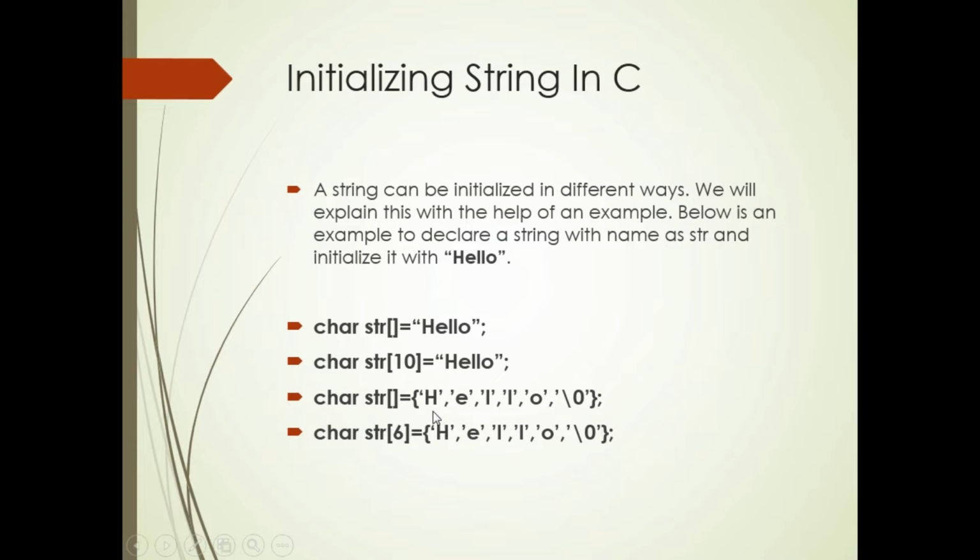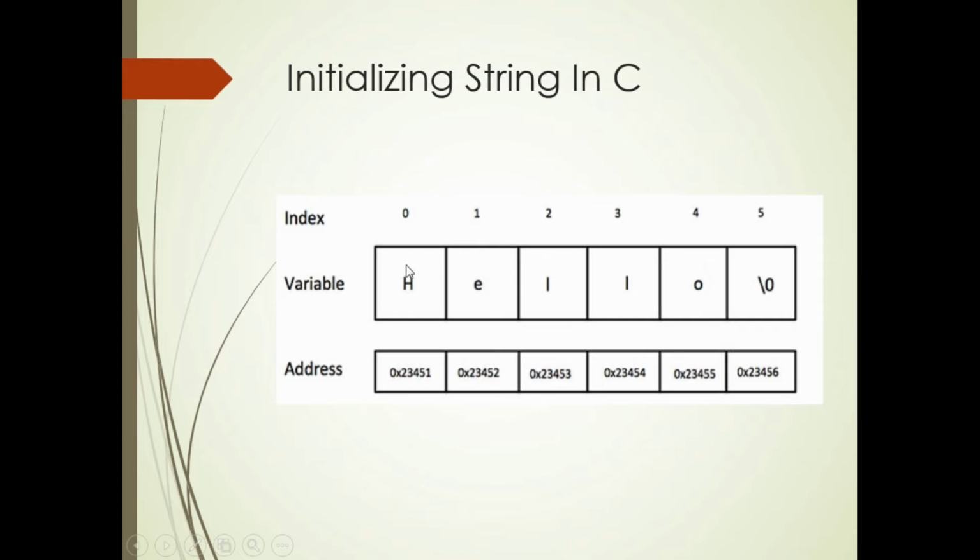Now let us see how the indexes are given to each of the letters of hello. Here h is given an index of 0 and null is given an index of 5, because the total size is 6 and 6 elements are represented as 0 to 5 in arrays.